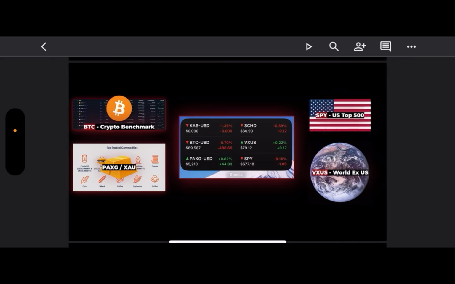Bitcoin is the crypto benchmark again, and gold, PAXG, is the commodity benchmark. By knowing these four assets, we know the crypto condition, commodities condition, American market condition, and the rest of the world market condition at a glance.